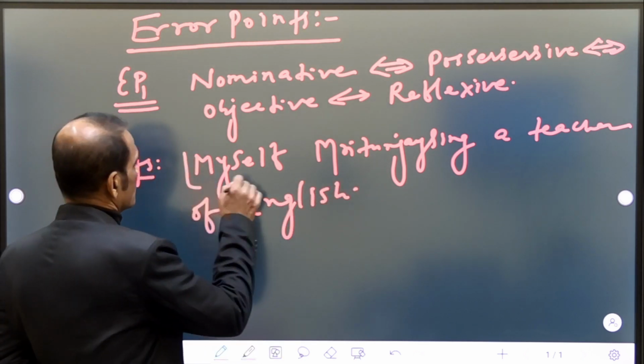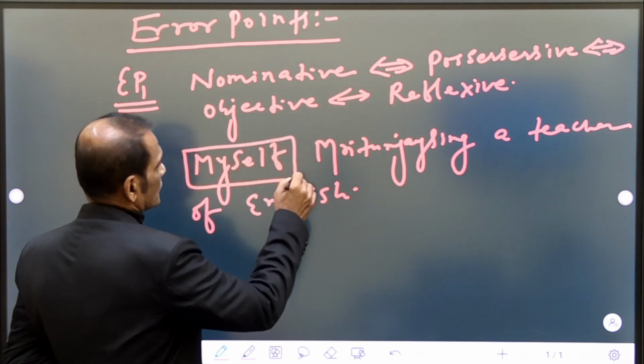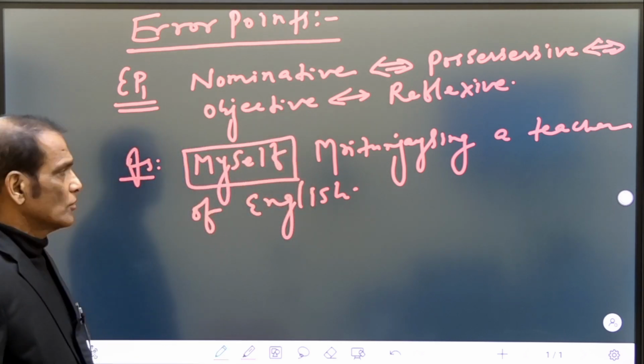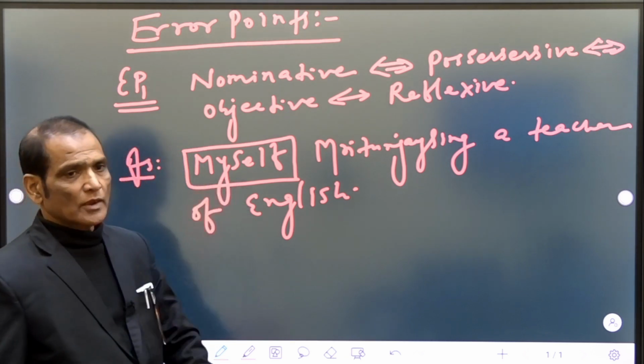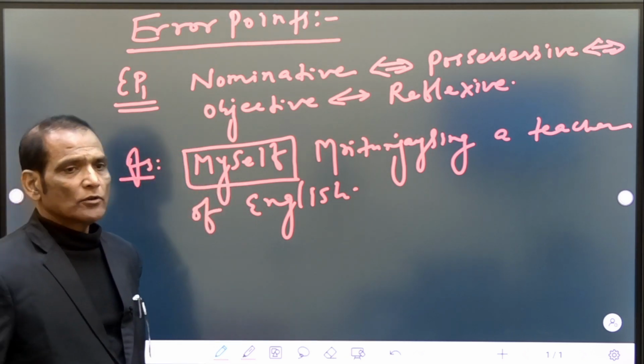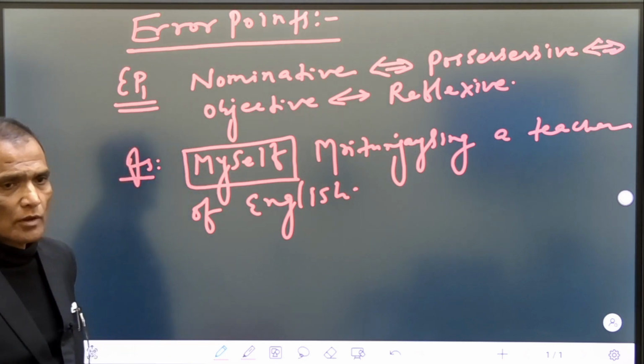Here myself I have used to nominate Mrityunjay Singh. Actually, myself is reflexive pronoun, so it can't be used as subject.